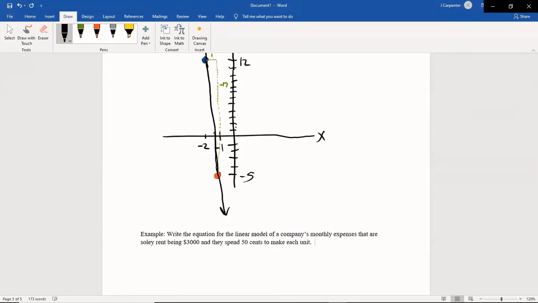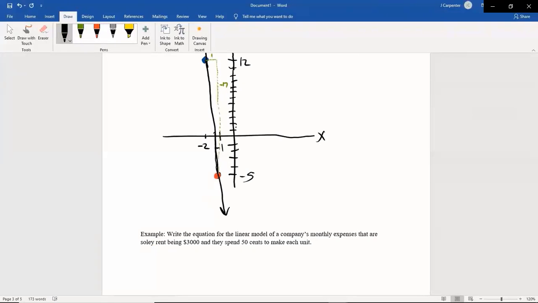I didn't say what they're making. I just said it costs 50 cents to make them. Now that 50 cents includes the cost of materials, the cost of labor, et cetera, et cetera, et cetera. All of that is just tied nicely into it. Now in the real world, you can't always just say it's a flat 50 cents per unit to make something.